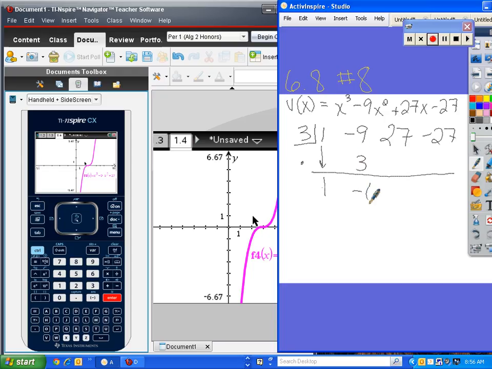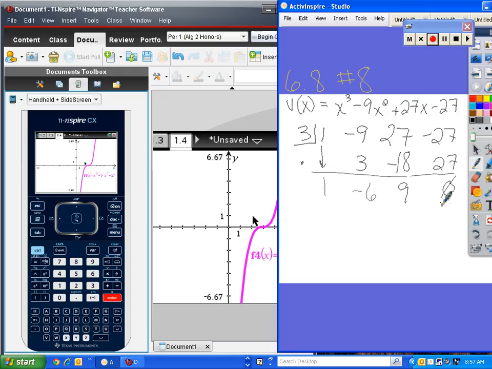I add my columns and multiply. Add my columns, negative 18. I'm going to multiply and add my columns.